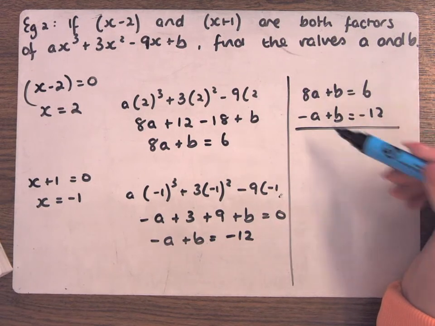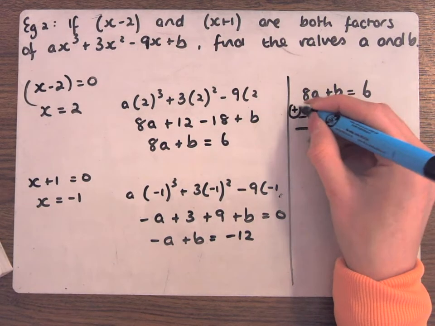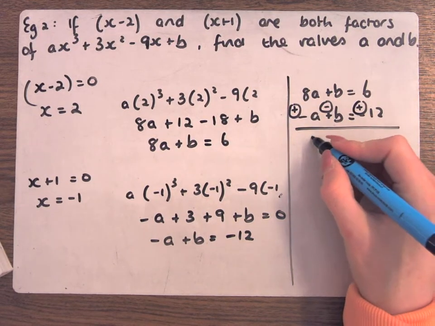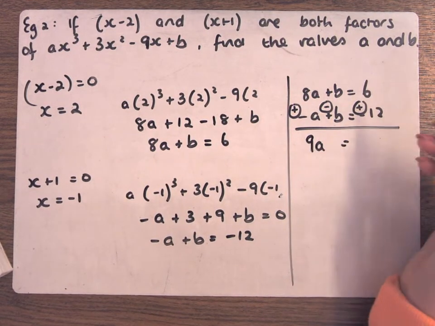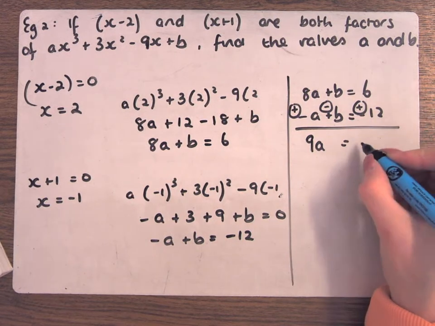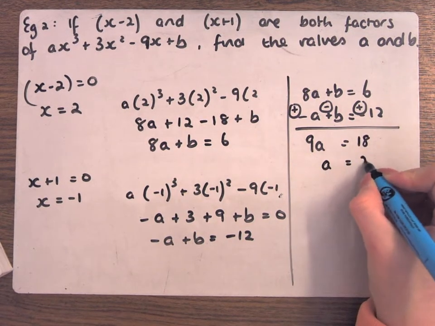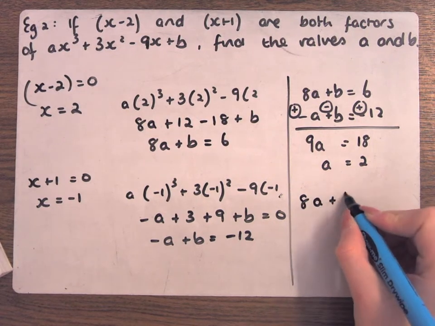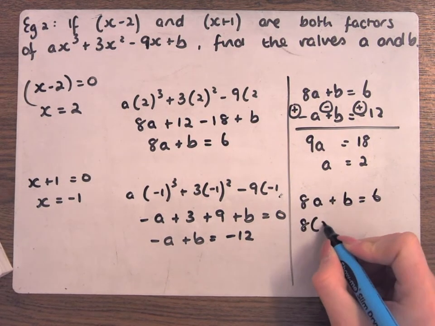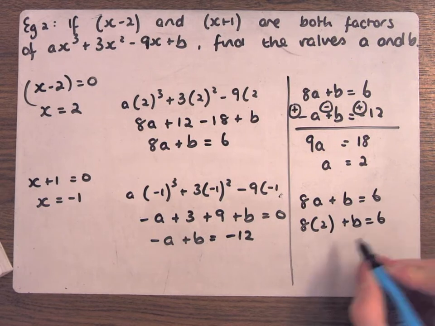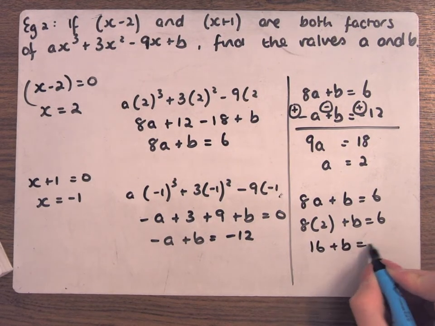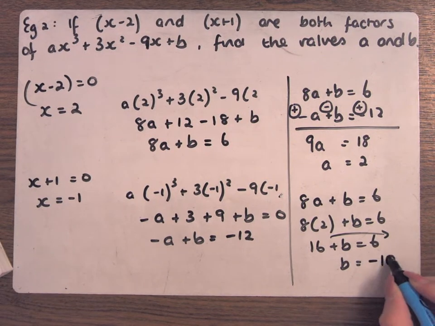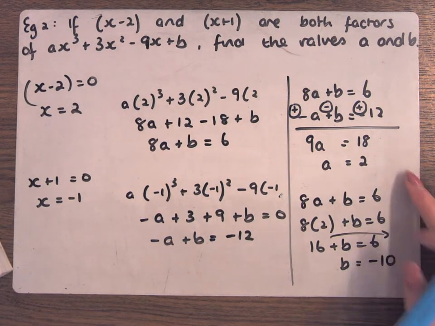I'm going to change the bottom line sign so that the b's cancel. 8a plus a is 9a. b minus b cancel, and then 12 plus 6 is 18. So a is 2. And then just fill that back in somewhere. And that 16 comes over, becomes minus 16, so b is minus 10. So there you go, a is 2, b is minus 10.